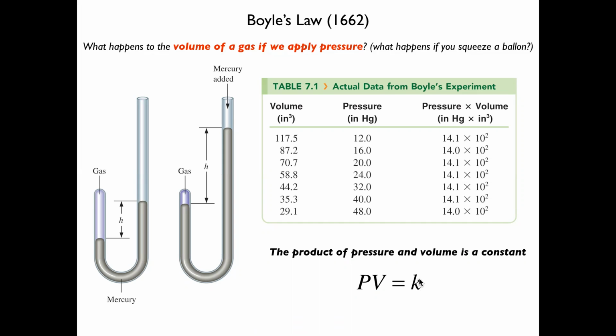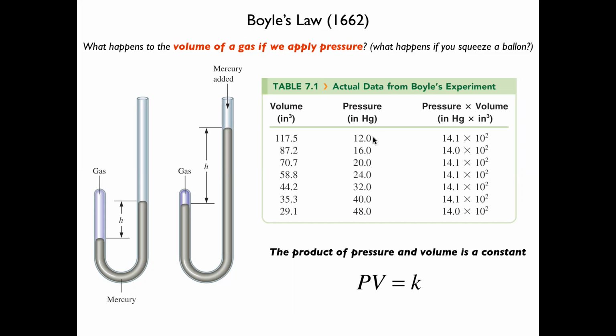Now, this is Boyle's law, and what we're going to see is there's a more useful form of Boyle's law, which involves two sets of data, because the value of this is not so much in solving for K, but in using this to predict a new system. So for example, if we're starting out with this first line, we have a volume of 117.5 cubic inches and a pressure of 12 inches of mercury.